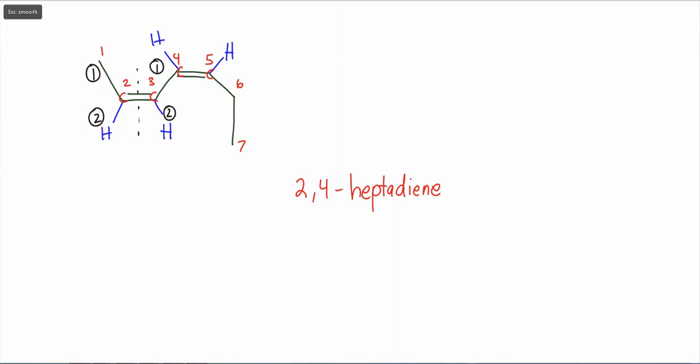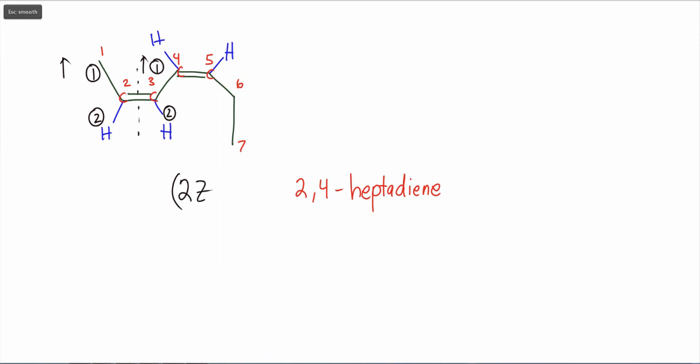So I have established the configuration of the double bond between 2 and 3. Both priorities are projected in the same direction, going that way. So that's going to be 2Z.